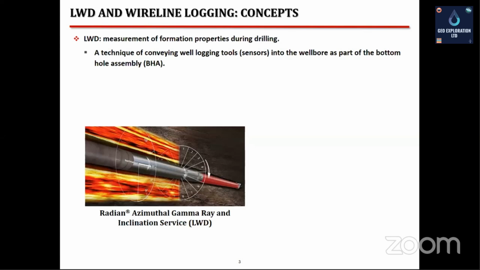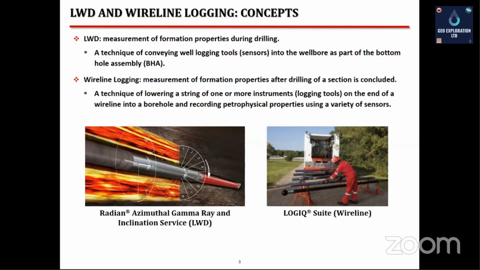The next is wireline logging. Wireline logging is the measurement of formation properties after drilling of a section is concluded. It is a technique of lowering a string of one or more instruments or logging tools on the end of a wire line into a borehole and recording petrophysical properties using a variety of sensors.